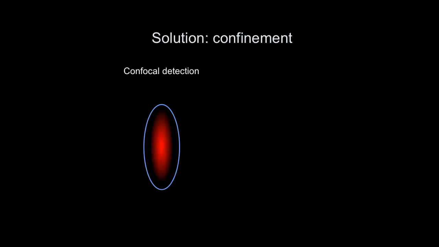You can also address the problem on the excitation side. How does that work? Well, that's what happens in nonlinear excitation. What happens is, instead of having light emerging from the planes above and below, it is not generated in the first place, because due to a nonlinearity, only light within this focal volume is able to generate the signal.